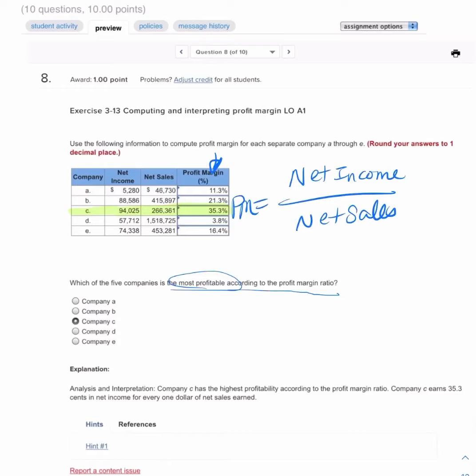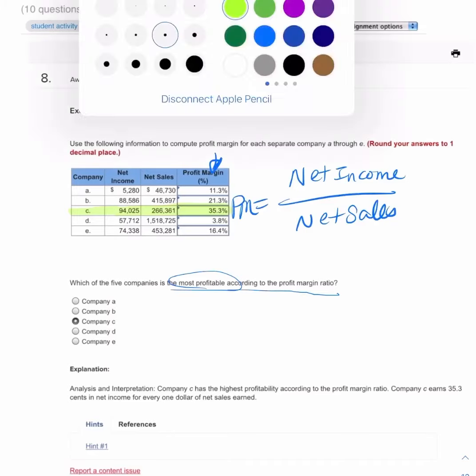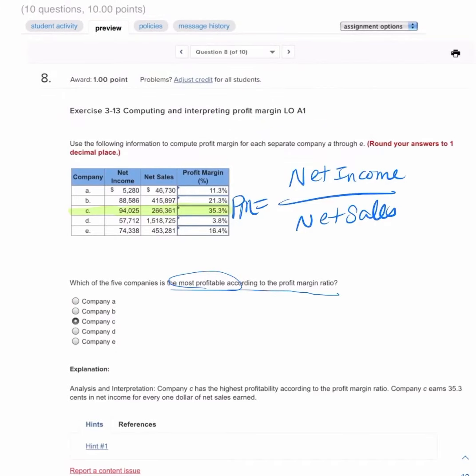This is incredibly efficient. They maybe don't have very much overhead, or they've got a very cheap product to make, or maybe they're very good at making it. Whatever the case is, they're able to generate a lot of profit very, very quickly. Now, a company like Company D, they're just barely making any money on every sale. So for every dollar in sales Company D makes, they only earn 3.8 cents in net income.